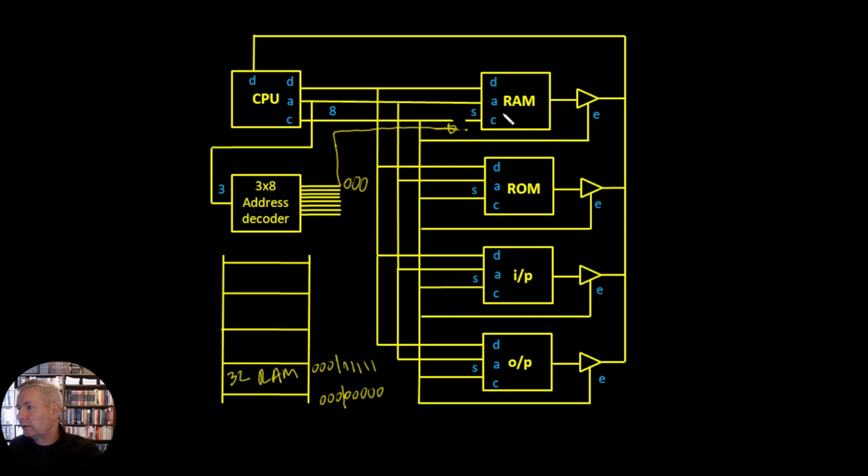Now, if we were wanting to then look at the ROM, it would be the next address up. So instead of going from 0, 0, 0, it's going to go from 0, 0, 1 would be this value here. So we'd have this line here, which comes on whenever it goes to 0, 0, 1. And this line here would then get into this device here. And of course, the control line is broken in some way. And this line here, along with the control line, would tell it that we're actually going to talk to this device.